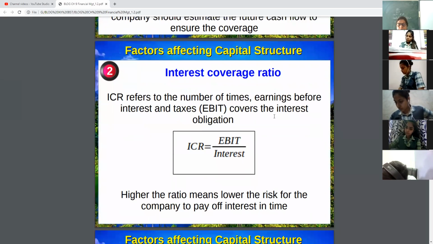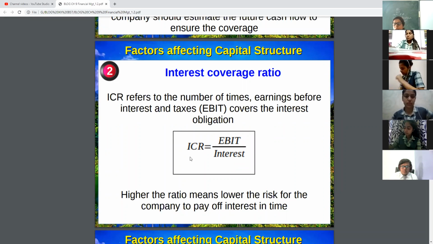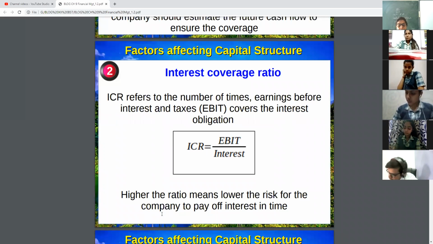Then next, note down the formula: interest coverage ratio, EBIT, earning before interest and tax, upon fixed interest charges. This formula you will get in accounts also. Interest coverage ratio equals EBIT upon interest. The higher the ratio, the lower the risk for the company to pay off interest in time.